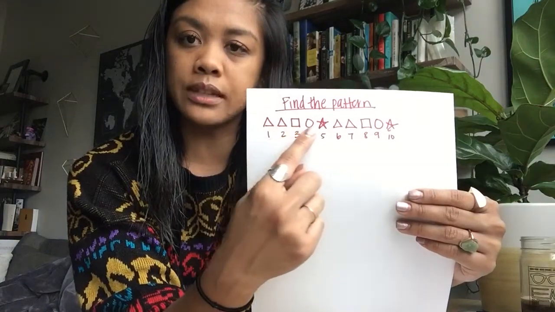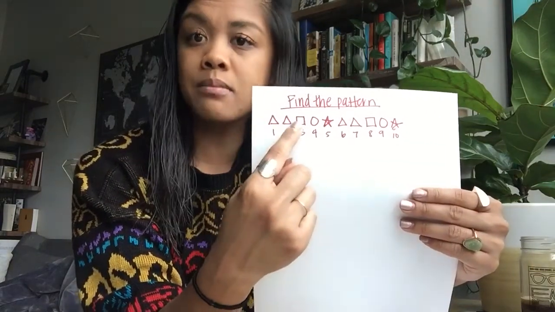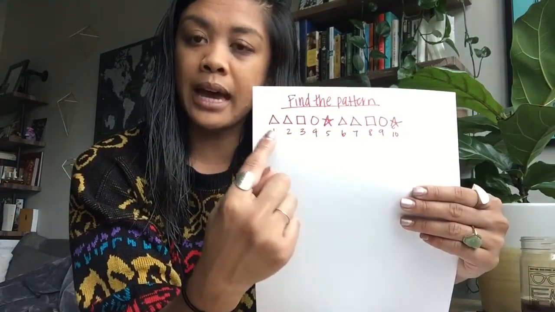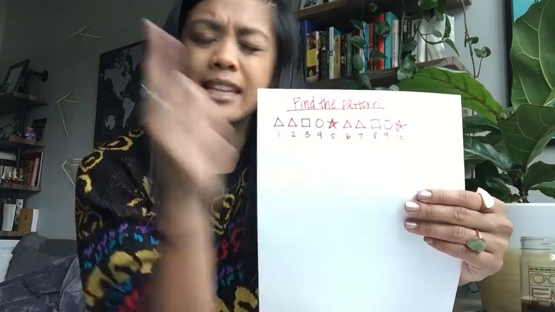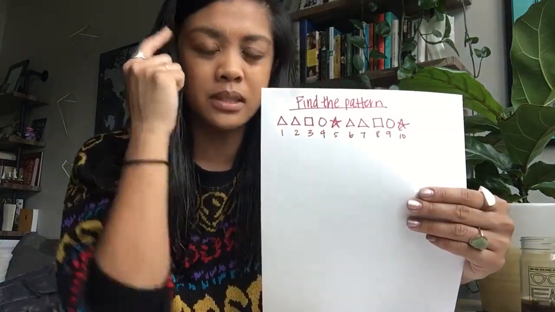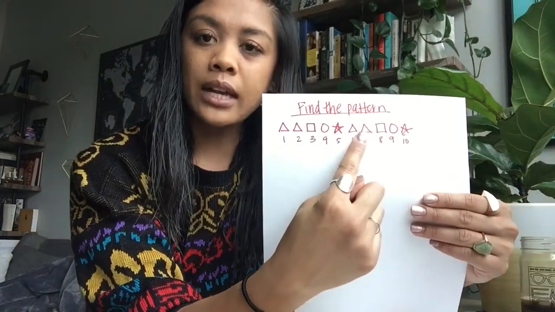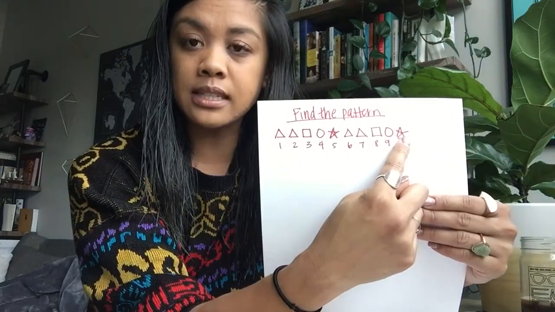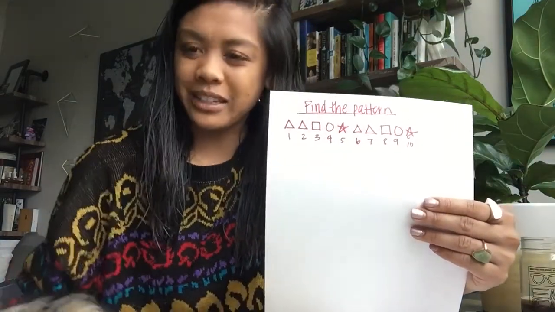So far those are all different. Triangle's the same, but then it goes to square, so that's different. So it's still the first pattern, the first set. Triangle, triangle, square, circle, star. Then it goes back to triangle again, and that's something that's familiar. And it goes again. Triangle, triangle, ooh, that's the same. Square, that's the same. Circle, that's the same. Star, that's the same.